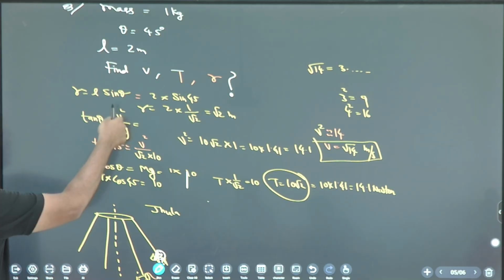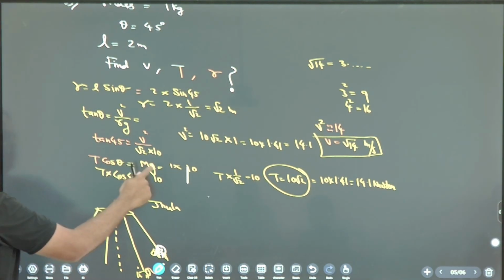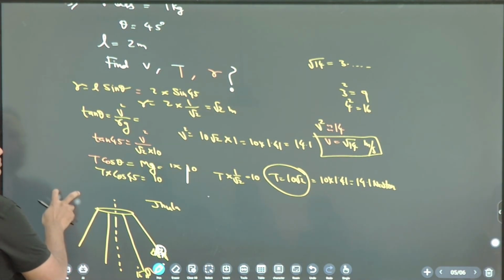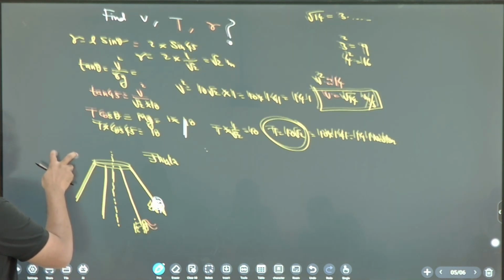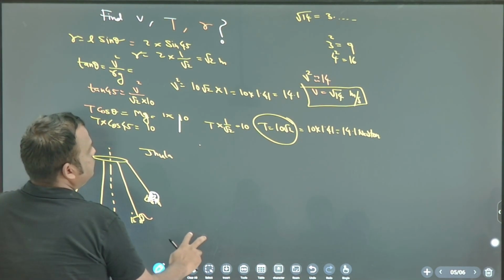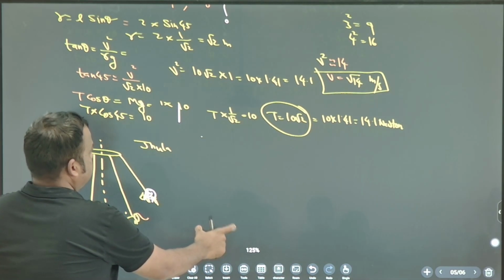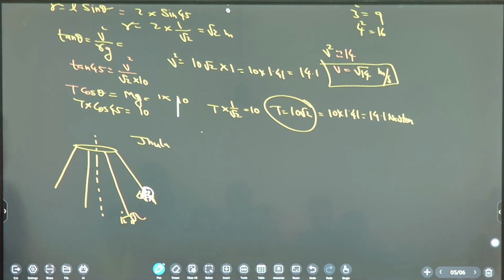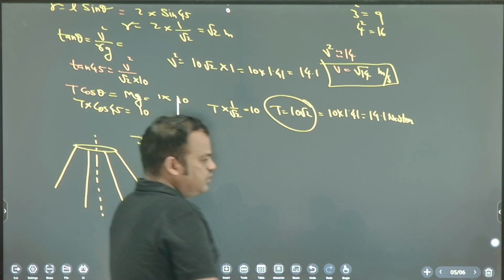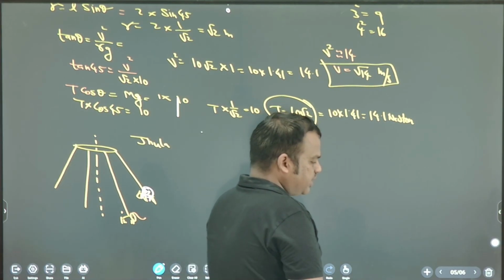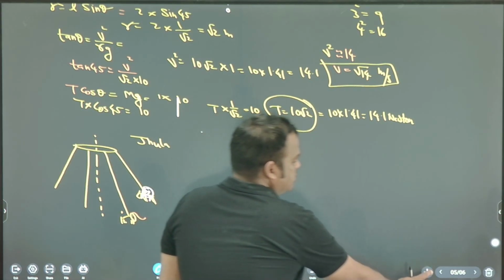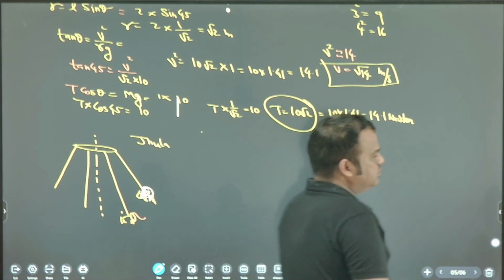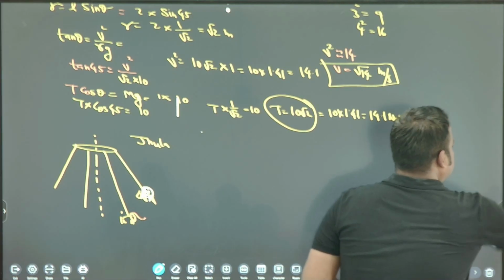Tan theta is V square by Rg. T cos theta is mg. Okay, so done. So the conical pendulum is over.